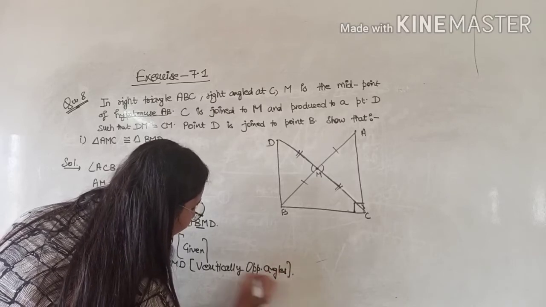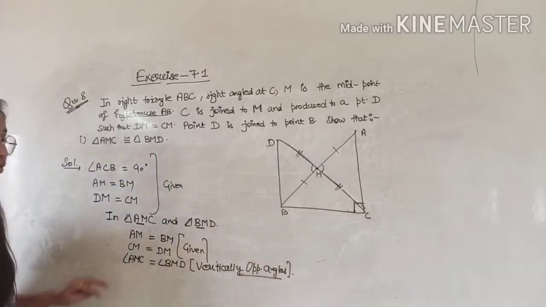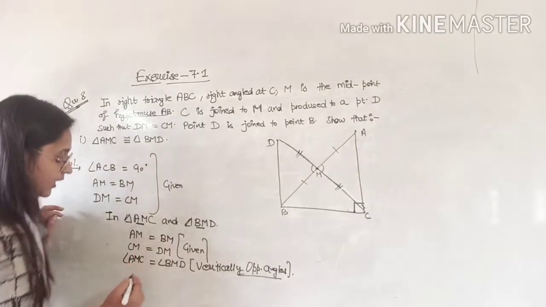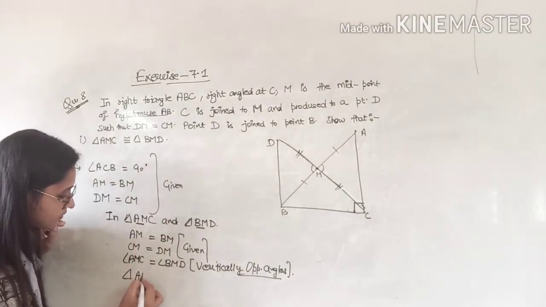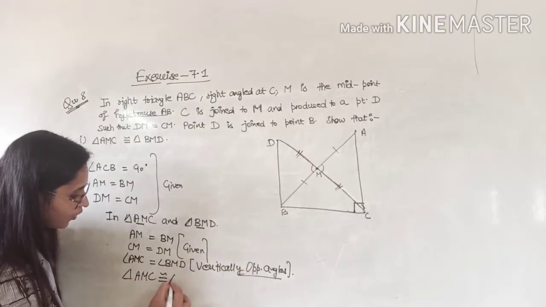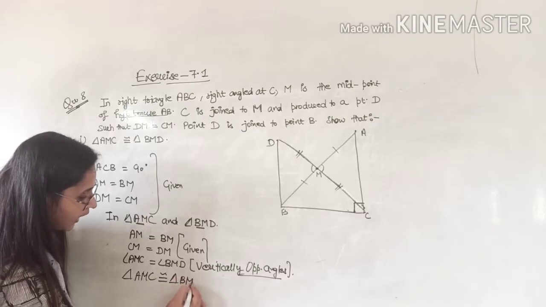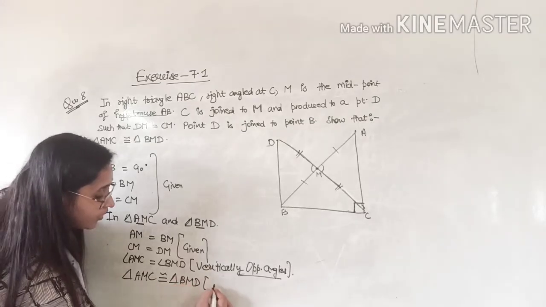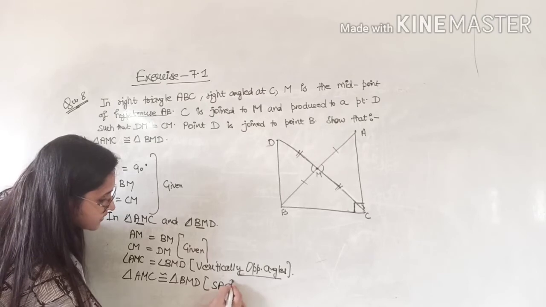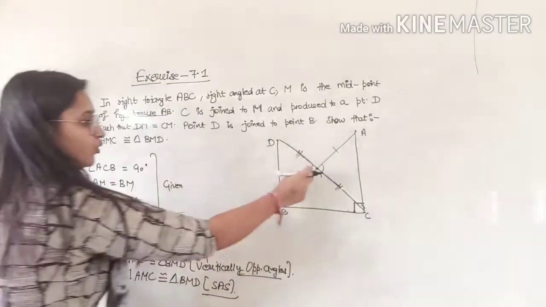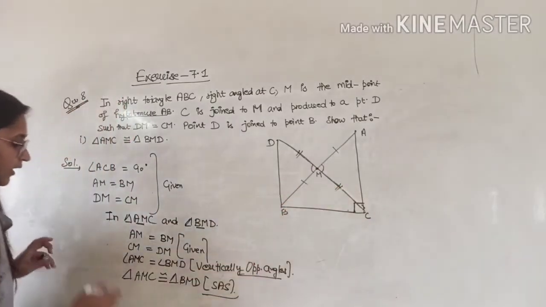So, which rule will be applied here? From which rule these two triangles will be congruent? Triangle AMC is congruent to triangle BMD and rule will be SAS: side, then included angle and then side.